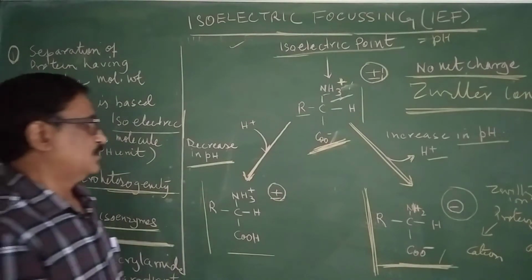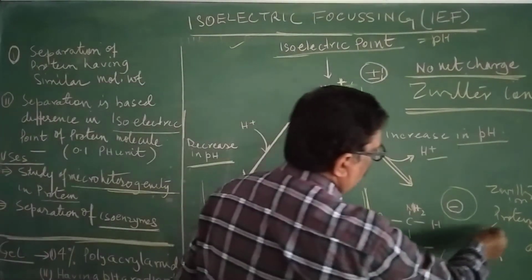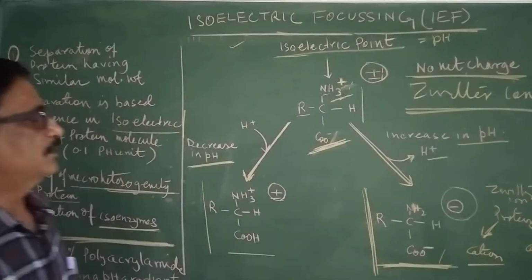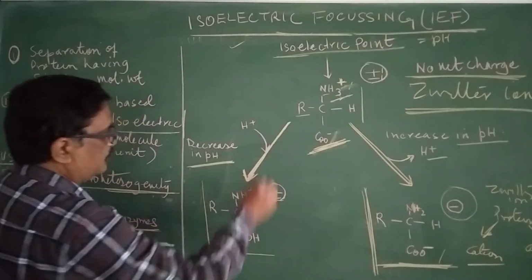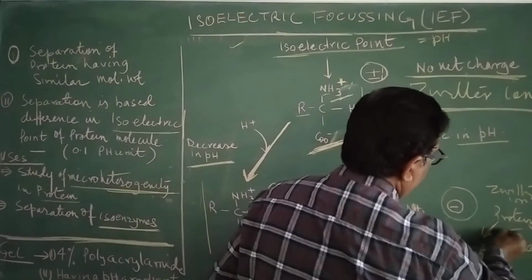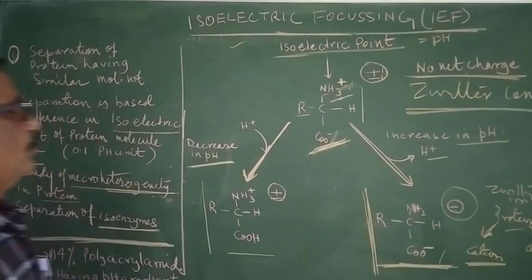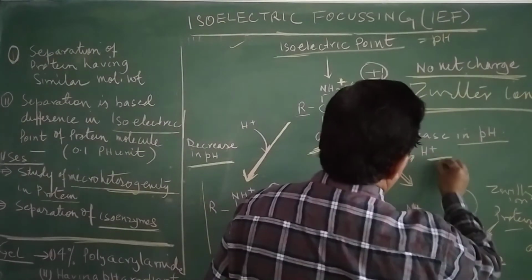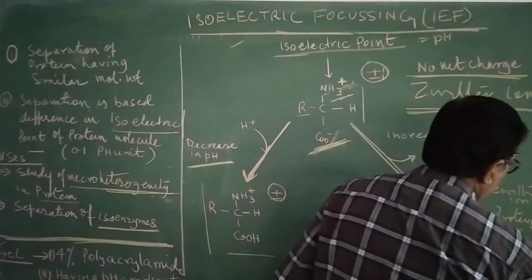That means if the pH decreases, the amino acid or protein is converted into a cation, or if the pH increases, the amino acid or the protein exists as an anion.